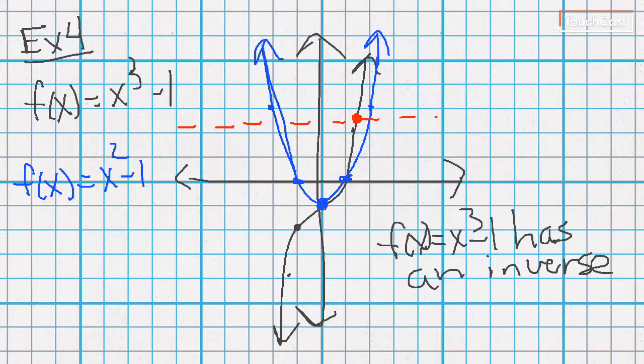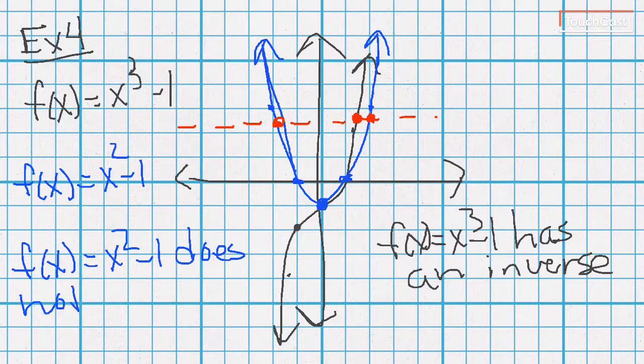And if we look at our blue graph, our horizontal line crosses in two spots, which means f of x equals x squared minus 1 does not have an inverse. That's example 4.